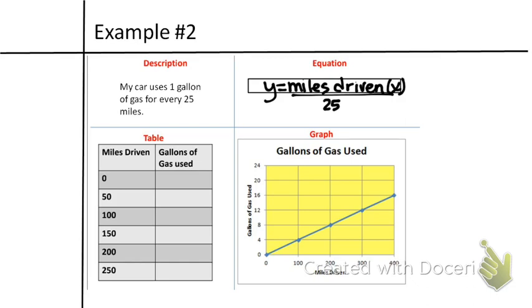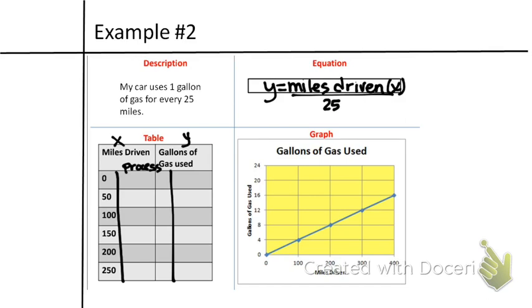Again, you're going to have to create your middle process part. Miles driven is our x value. How many miles we drive will tell us how many gallons we're using, so our y.